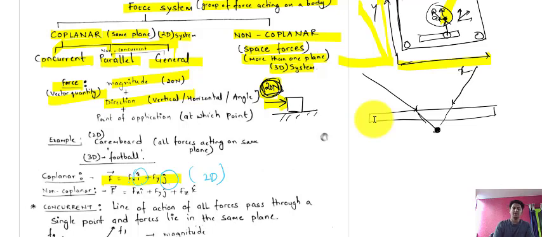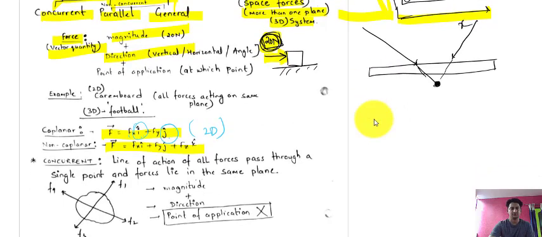Any of the planes you can take. In case of non-coplanar, you must take all three directions for the addition of any force, because it is a 3D system. In x direction also, y direction also, z direction also, addition of all three directions.